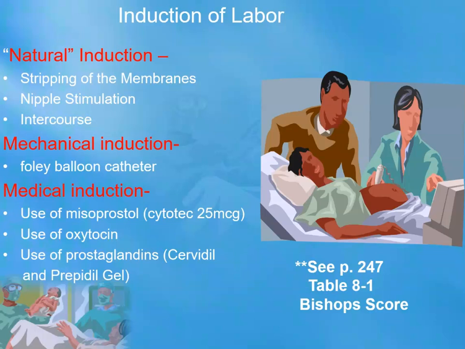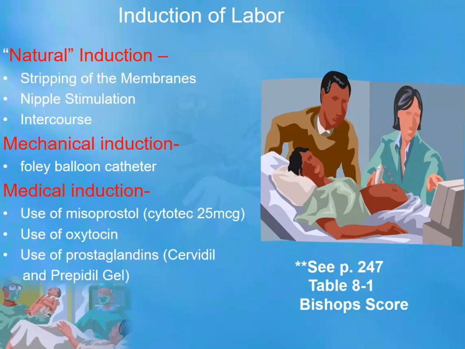Medical induction, like we talked about a little bit ago, Cytotec 25 micrograms. The tablet is placed in the vagina, in that cervical area. The use of oxytocin. Prostaglandins is also something they used to use, Cervidil and Prepidil gel. It's a jelly that they shoot into the cervical area as opposed to the tablet.